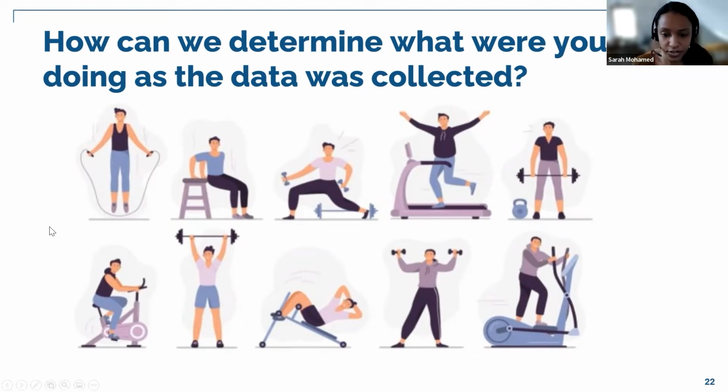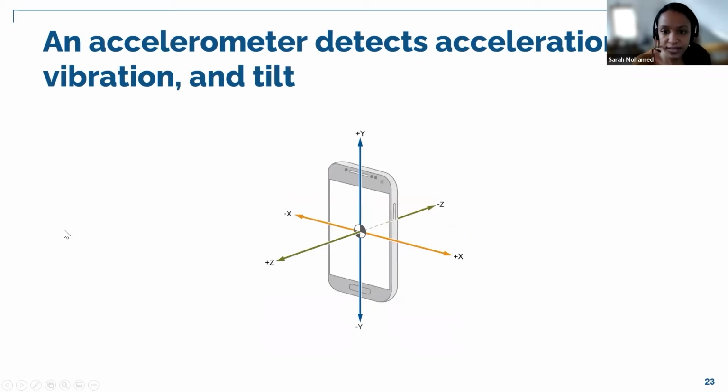In the next exercise, we'll collect data from another sensor, the accelerometer, and classify it to determine what you were doing as the data was being collected. So what does an accelerometer do? An accelerometer can detect acceleration, vibration, and tilt to determine movement and orientation along the 3 axes. So an accelerometer can determine how fast you're accelerating in any linear direction.